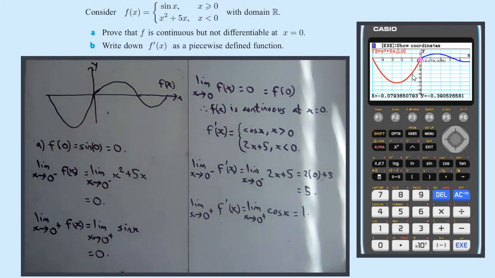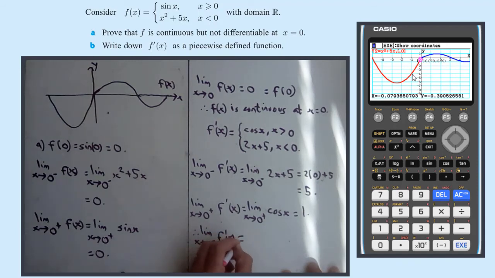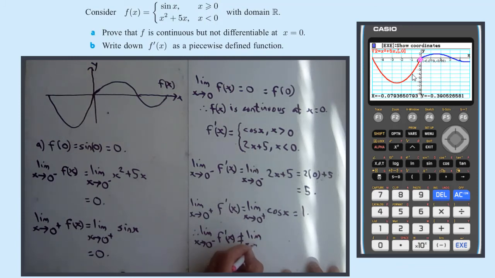So now we have a problem because the derivative is approaching 5 if we approach from the left hand side, and it's approaching 1 if we approach from the right hand side. So therefore, the limit as x approaches 0 from the left hand side of f dashed x does not equal the limit as x approaches 0 from the right hand side of f dashed x, which tells us that the limit as x approaches 0 of f dashed x does not exist.